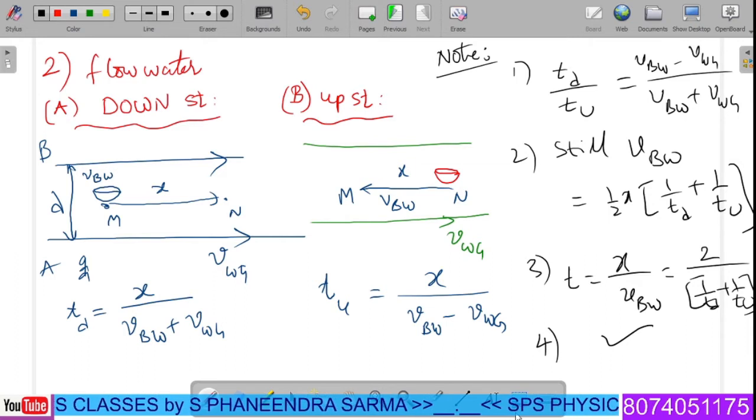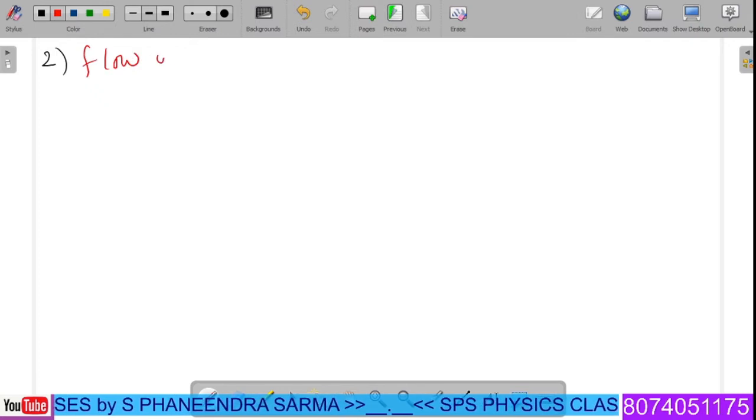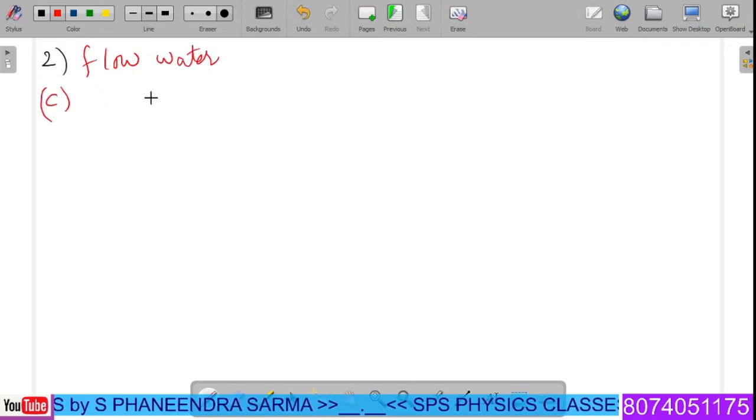Now, the next very important case is called shortest time. Second case, flow water, point number C, that's called shortest time.